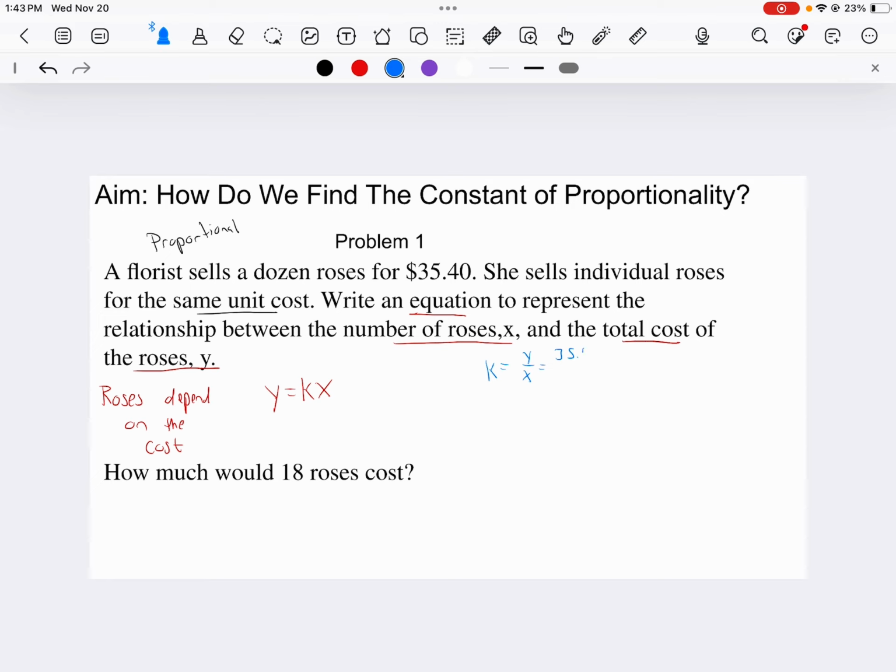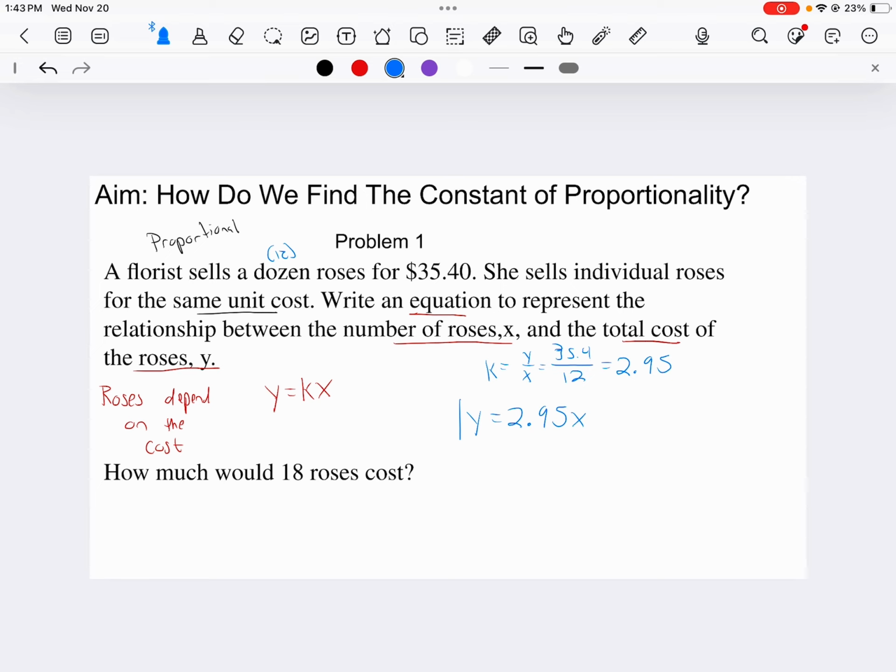My y is the cost, so that's 35.4, and the number of roses is 12, because a dozen means 12. 35.4 divided by 12 is 2.95. So since my constant of proportionality is 2.95, I can write my equation y equals 2.95x.